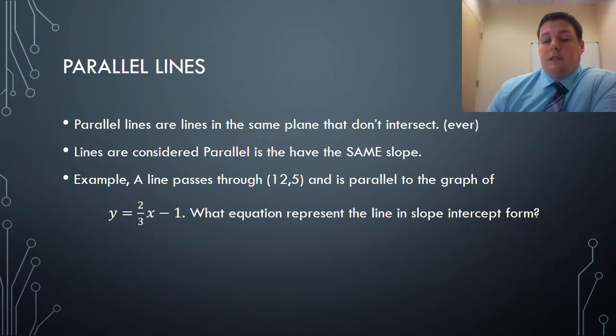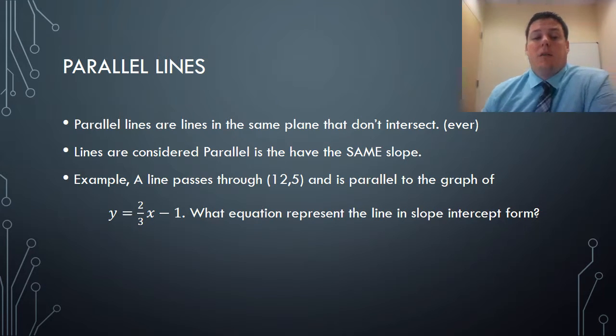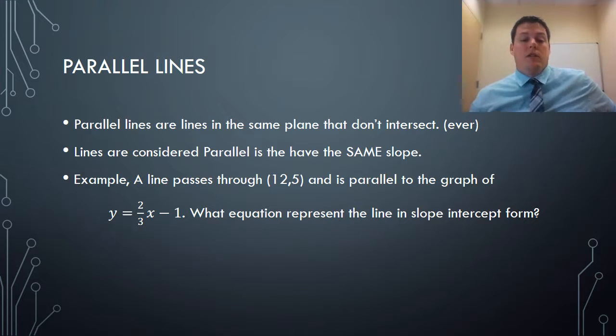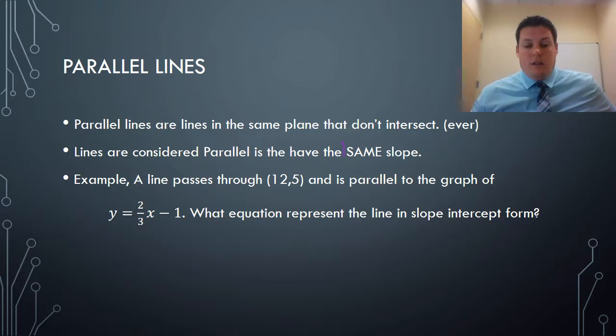Parallel lines. Parallel and perpendicular lines are probably the two most important things of this lesson. It's important to know that parallel lines are lines in the same plane that don't intersect. They never, ever intersect. Here is the important part.